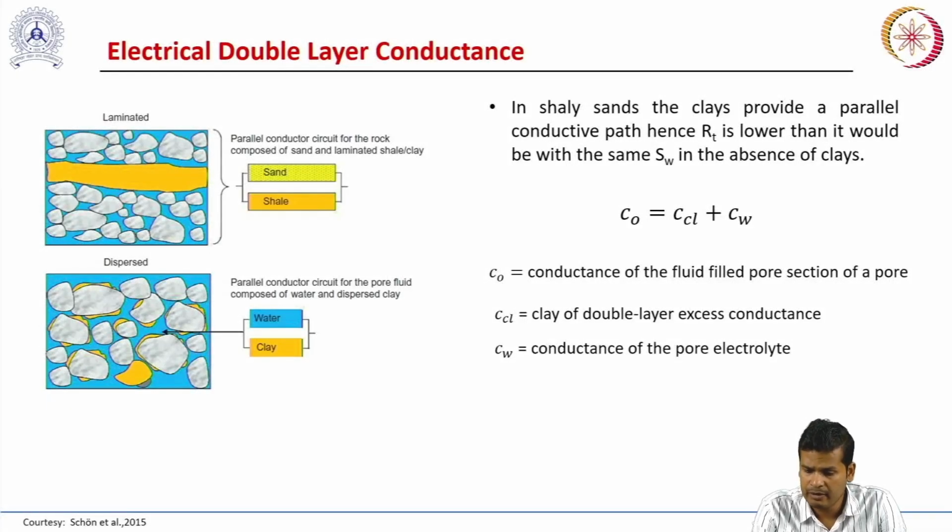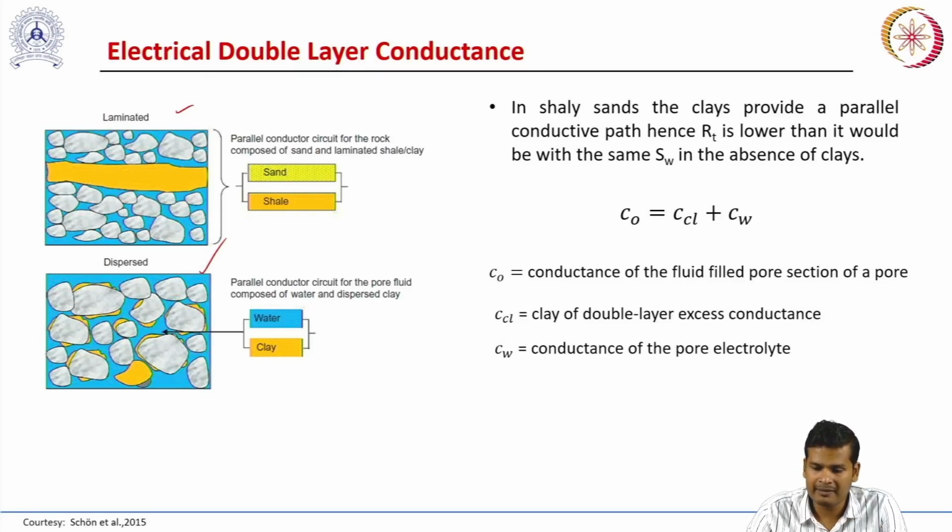So now, how do we calculate the excess conductance or the conductivity offered by our clay? In our rock conductivity model, when the clay is present, whether we have laminated shale or dispersed shale, we assume that these two conductive paths, offered by the fluid present inside the pores between sand grains and the excess conductivity offered by the shale due to the negative charge of the clay surface, work in parallel.